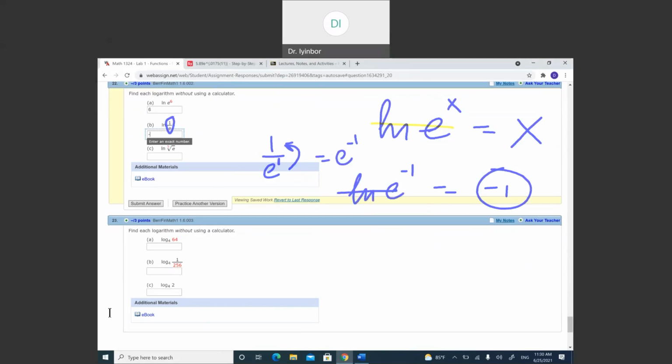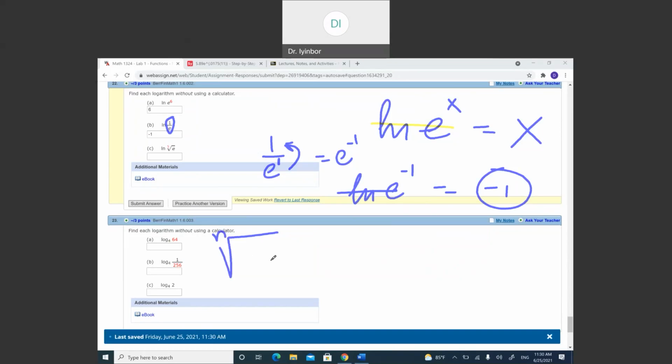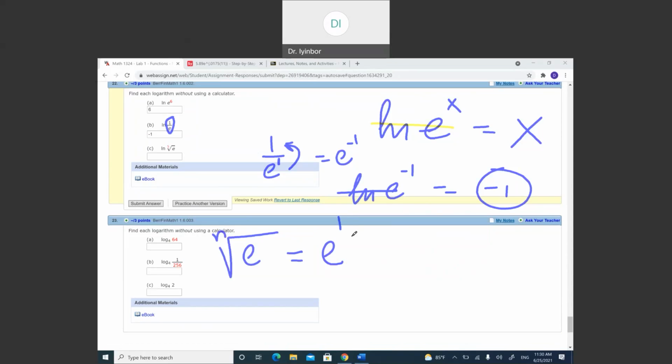And then the last one is ln of the fifth root of e. Now, fifth root, you have to change it to exponent, and this is the rule. If I have any nth root of, I'm going to use e, that's going to be exponent 1 over n. So here, the fifth root is going to change to 1/5 exponent.